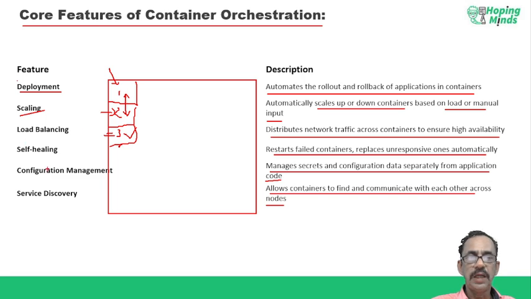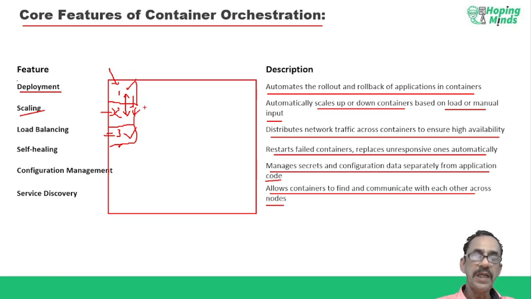So self-healing and configuration management come here. Service discovery allows containers to find and communicate with various services across the nodes. Actually, if something is sold out, it will communicate with the stock management also. This stock has gone, so we have this much stock left. It will manage that.